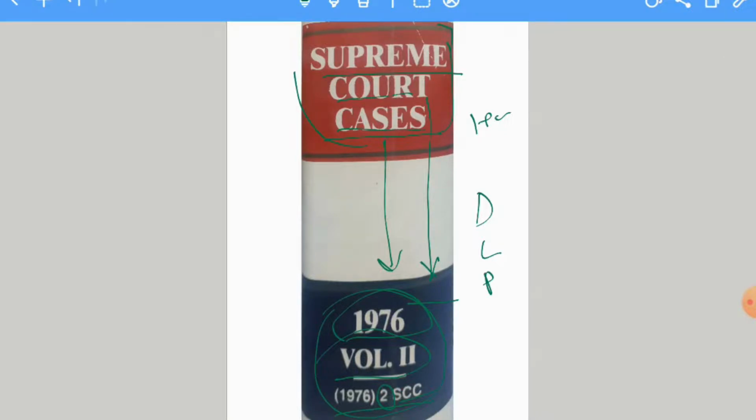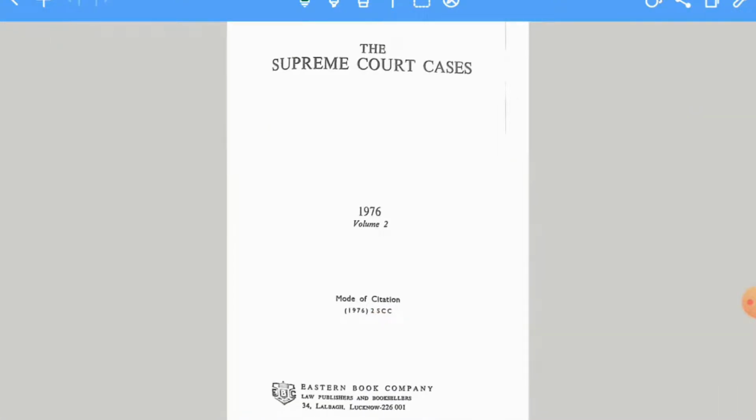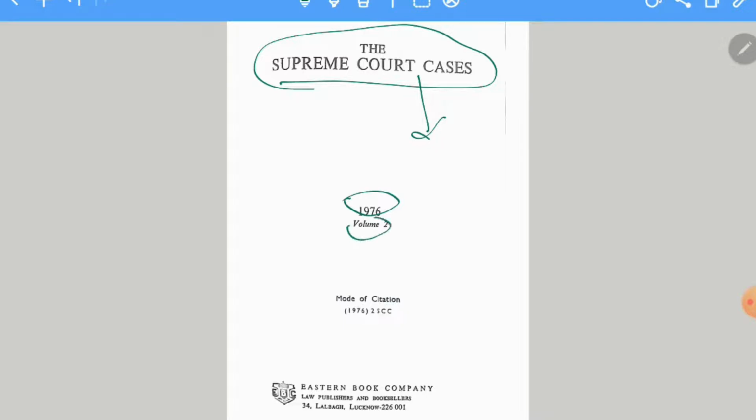Okay. Now the next page which comes after this front page, the cover page, you will see like this. You will see the name of the journal, that is Supreme Court Cases, the volume as well as the year. They have also given a mode of citation, how to cite a Supreme Court Cases judgment.